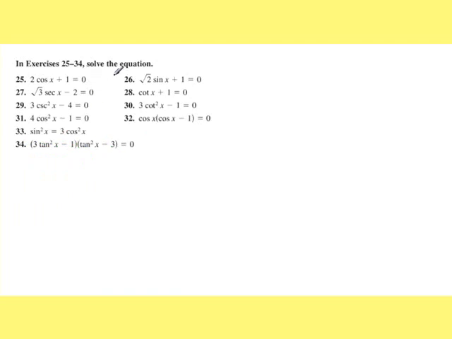Now let's really get into where we have to do some work to solve these equations. So for instance, in number 26, we're trying to solve the equation the square root of 2 sine x plus 1 is equal to 0. Well, anytime you have a variation like this, you want to try to isolate the sine x or cosine x in your problem. So we would first try to solve for sine x.